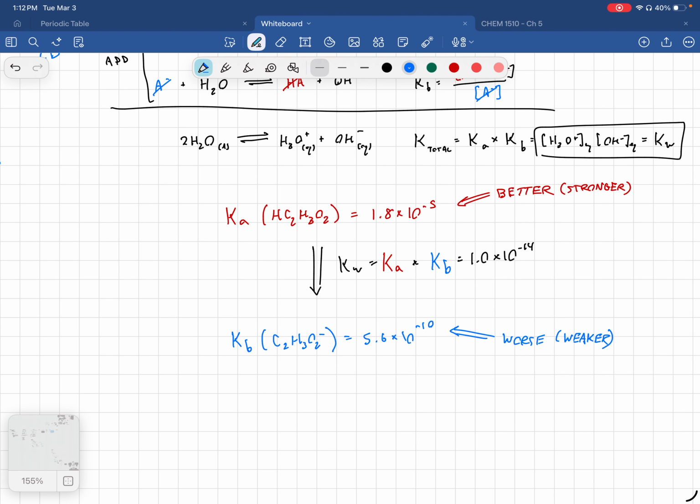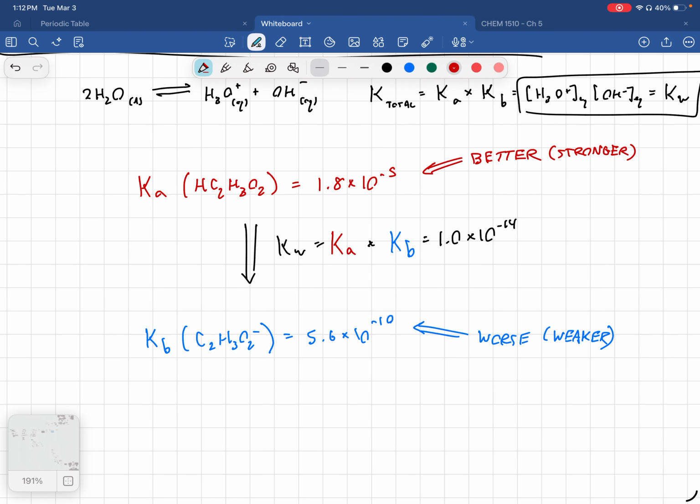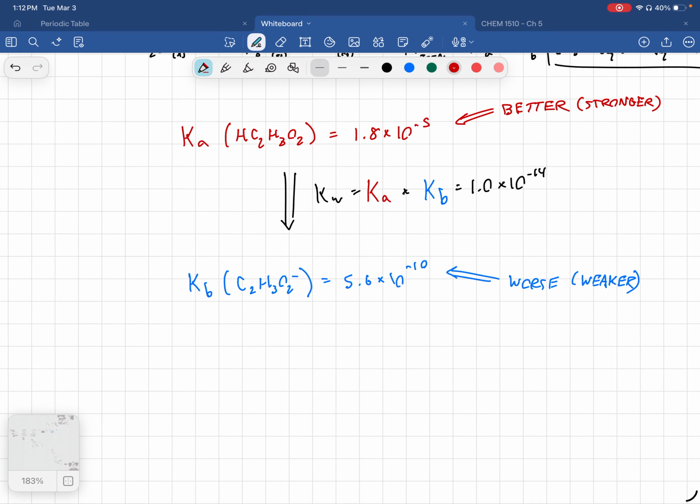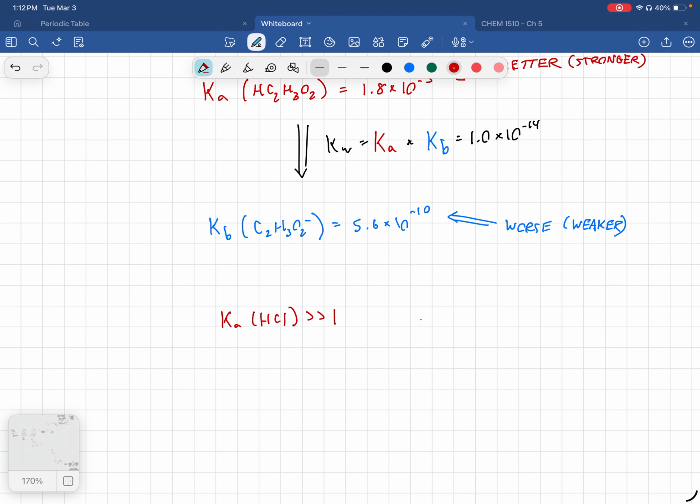There's an inverse relationship. A strong acid will have a weak conjugate base. A weak acid will have a strong conjugate base. The stronger the acid, the weaker the base. So for example, Ka of HCl is greater than 1. In fact, it's very, very difficult to measure because this is a strong acid.